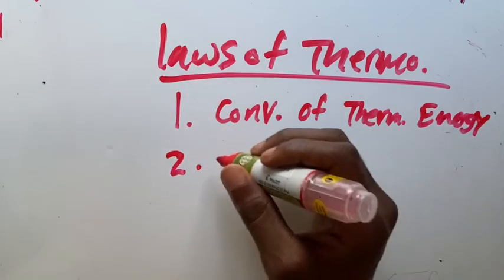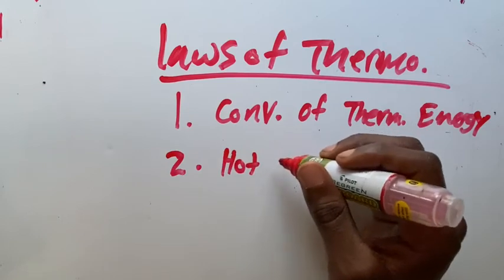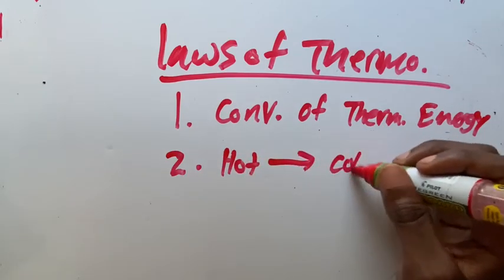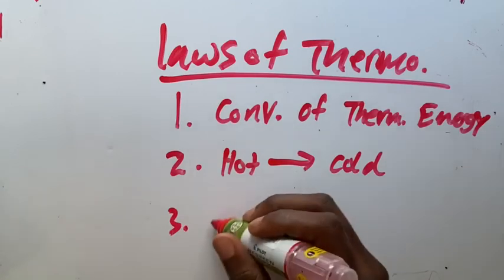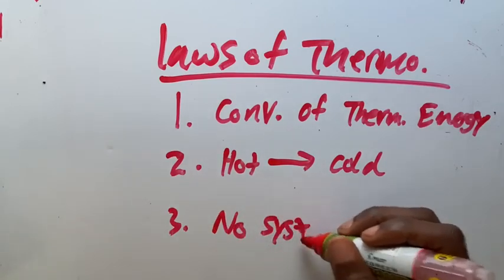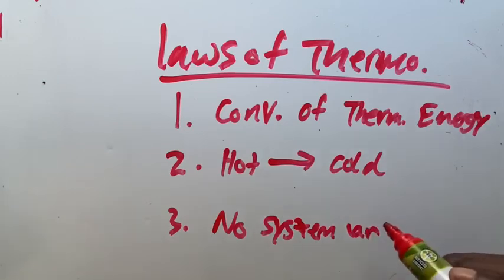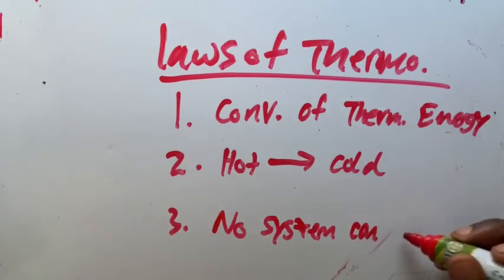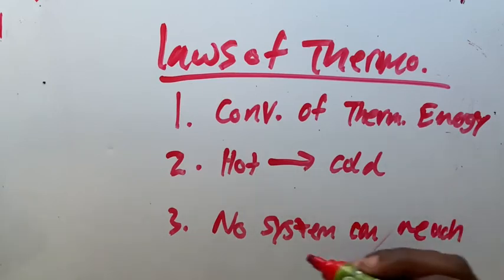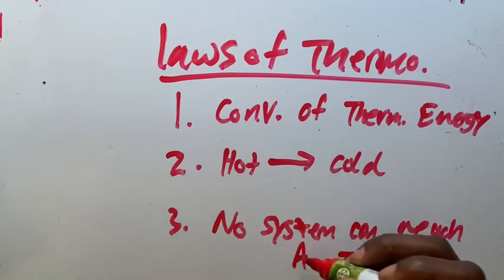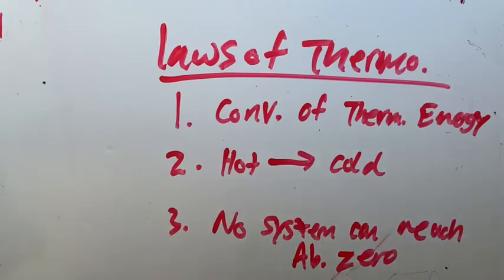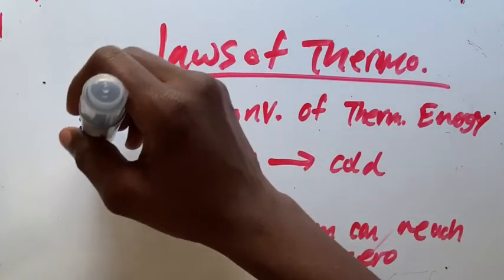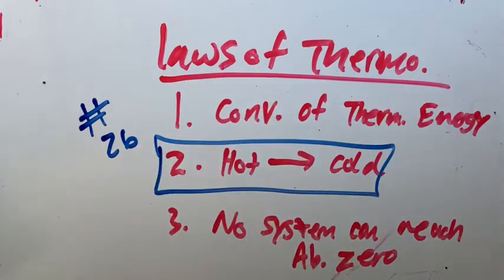The second law says basically heat goes from hot to cold. And the third law says no system can reach absolute zero. And so for number 26, heat flow deals with the second law. So number 26 is going to be the second law.